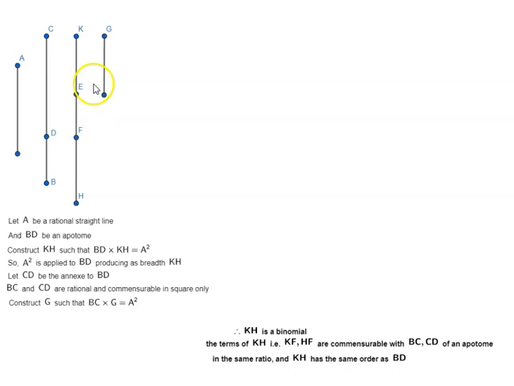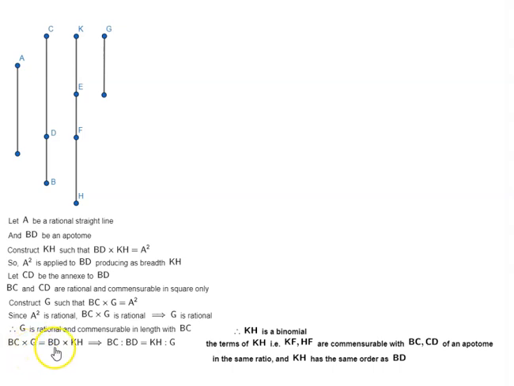Now construct G such that BC by G is equal to A square. Since A is rational, A square is rational, so BC by G is also rational, which implies G is rational. Therefore, G is rational and commensurable in length with BC.